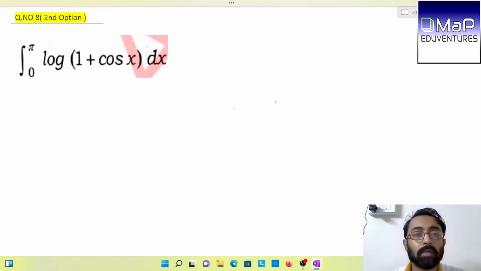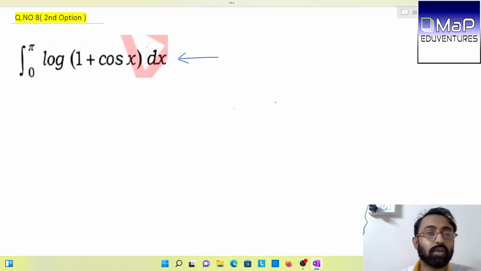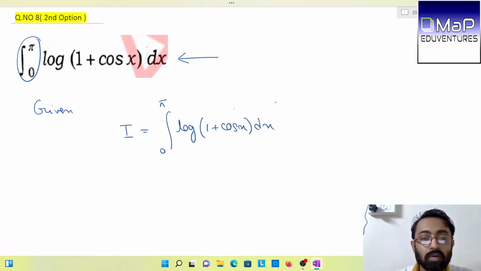Next question. So again here we have a definite integral, question number 8, second option. Alright, so from 0 to pi log of 1 plus cos x dx. Okay, so here for integration we will go to the 0 to a form. So let us apply the property of 0 to a.